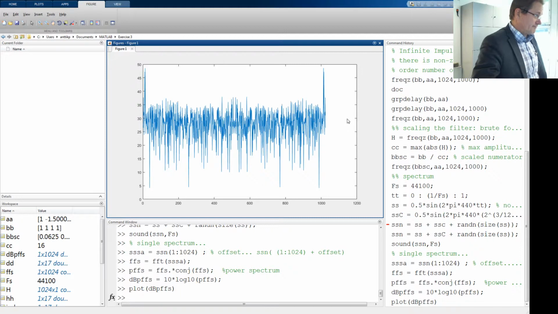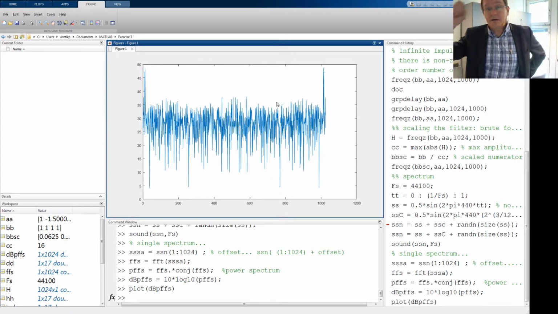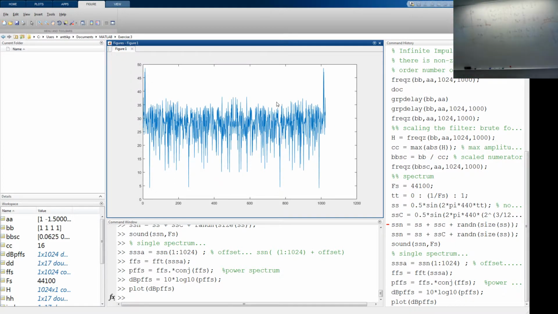Something funny on this picture. It's symmetric, and the middle point is at 512 points, or actually 513 to be exact. So what happens on this mapping on the Fourier transformation, especially for radix 2 Fourier transformation, is that basically it maps only the positive side.